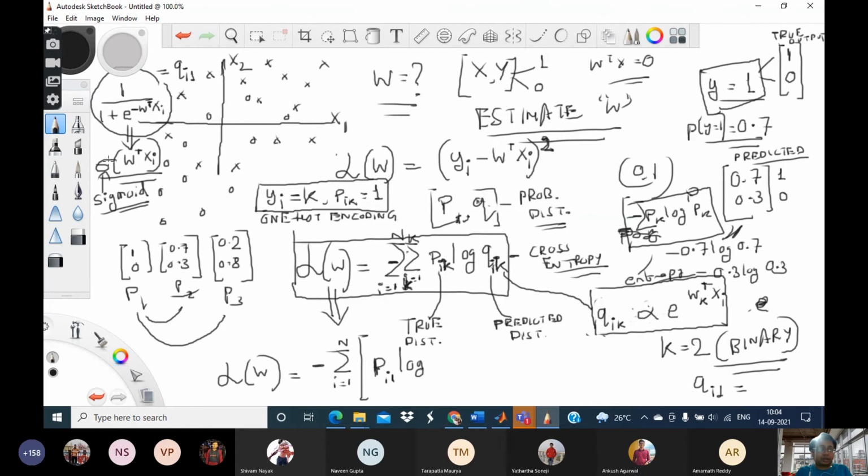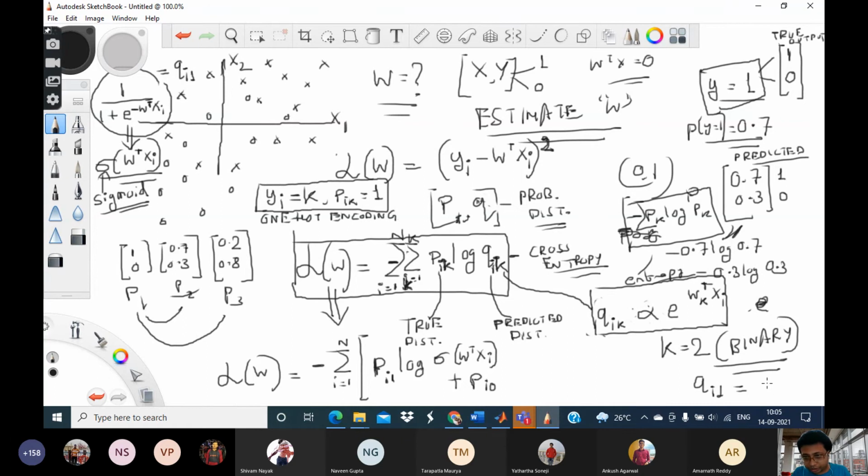And what is the argument of the sigmoid function? Simply whatever is the exponent of the e. So here I write pi1 log qi1, and qi1 is nothing but the sigmoid of w transpose xi, right? Plus pi2, or pi0 if you call it pi0.